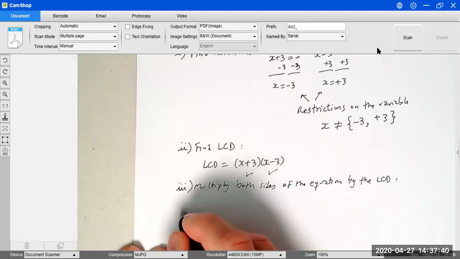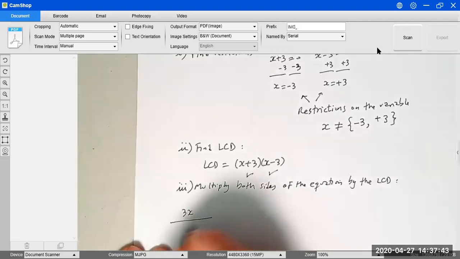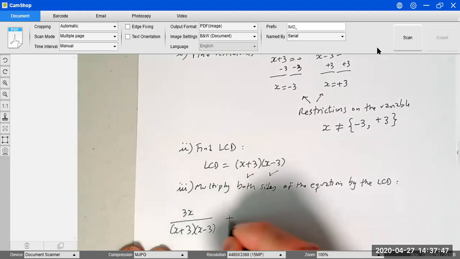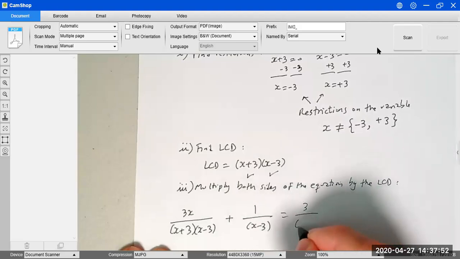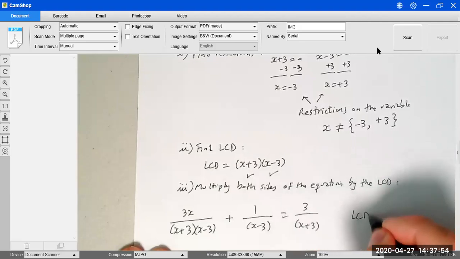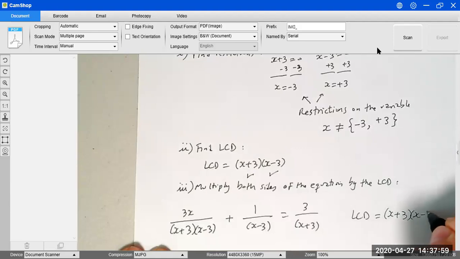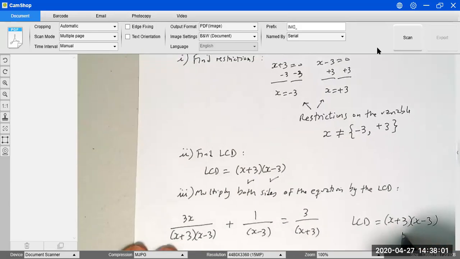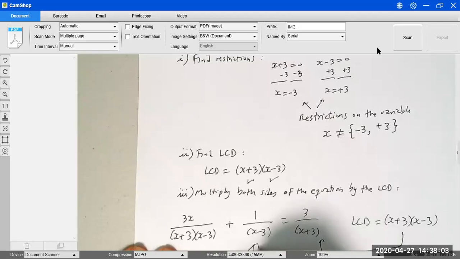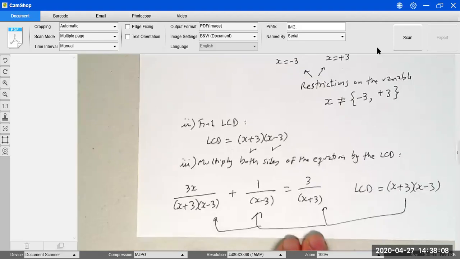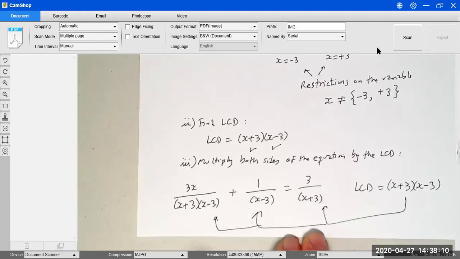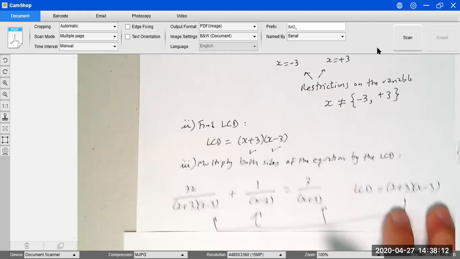So I'm going to write here 3x over x plus 3 times x minus 3 plus 1 over x minus 3 equals 3 over x plus 3. My least common denominator is x plus 3 times x minus 3. So I'm going to multiply this by this, and by this. So I'm going to multiply everything by my least common denominator. So let's start now.